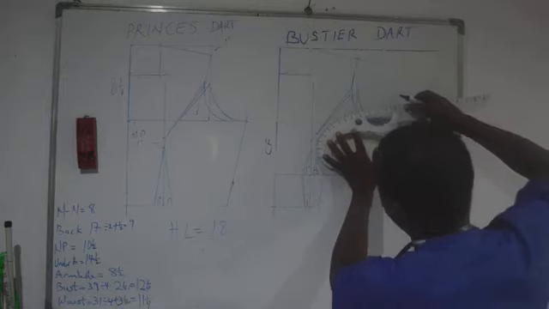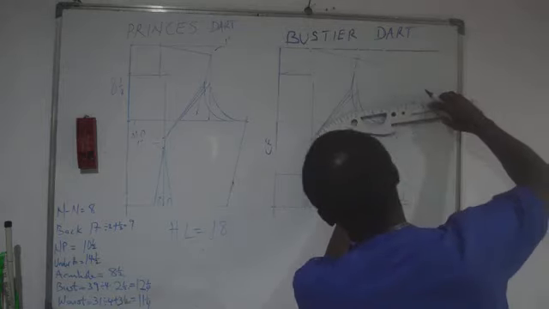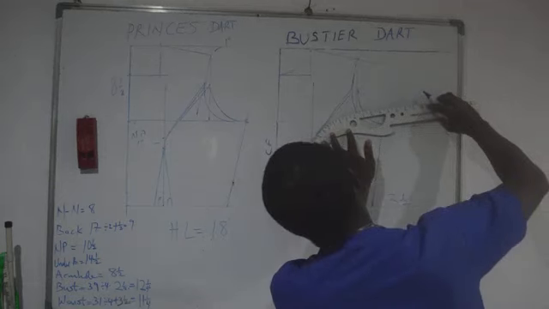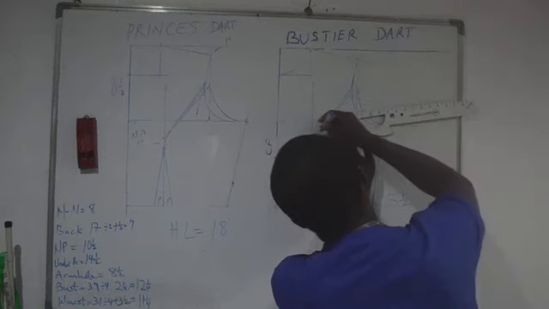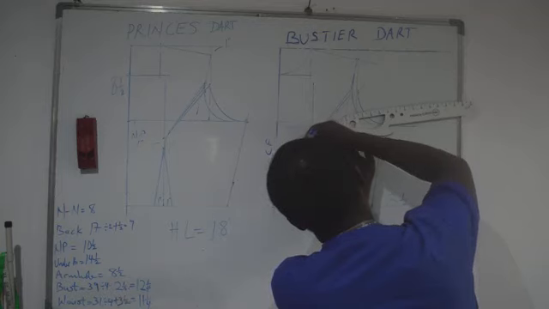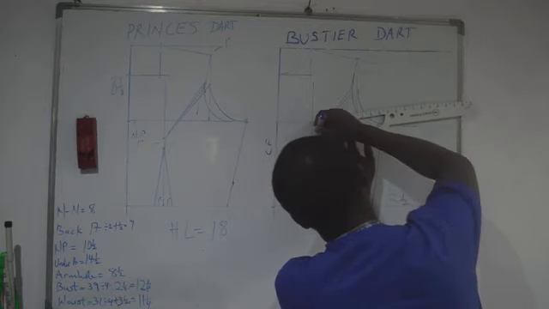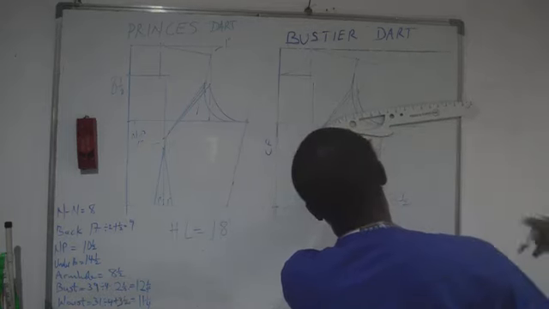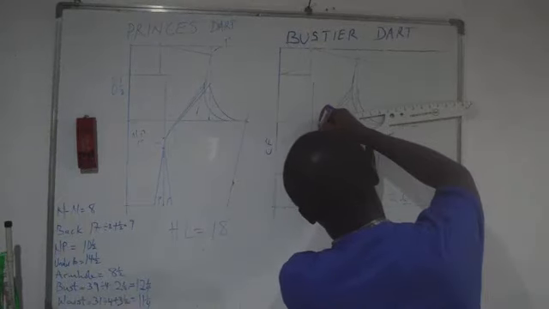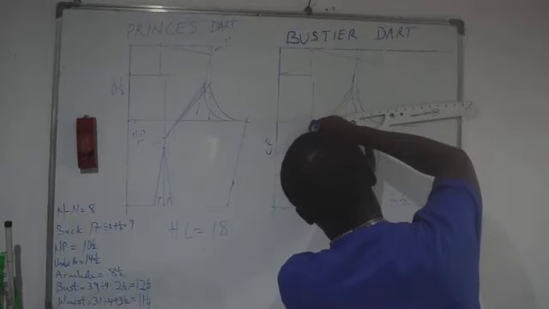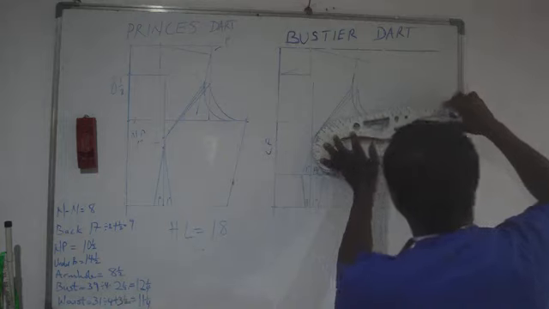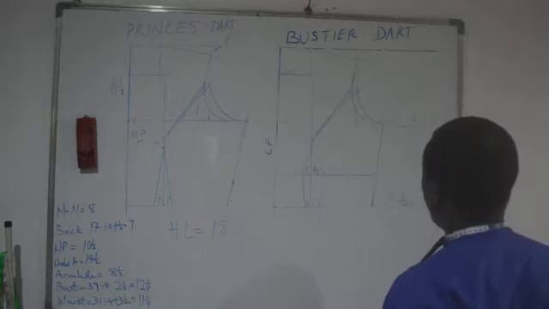Use your curve to blend a very smooth, continuous curve that will run from the waist into the armhole.